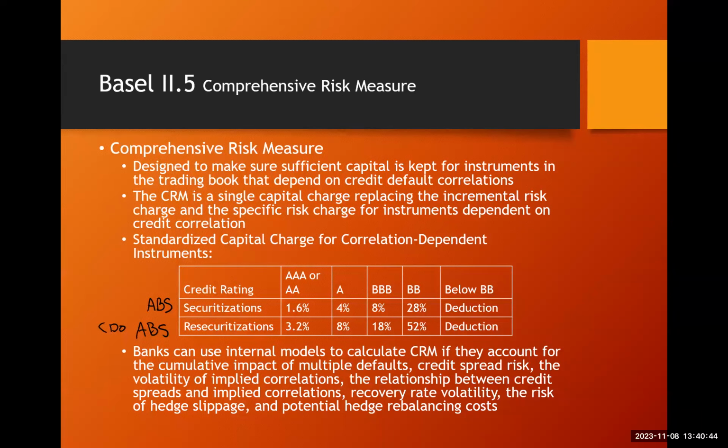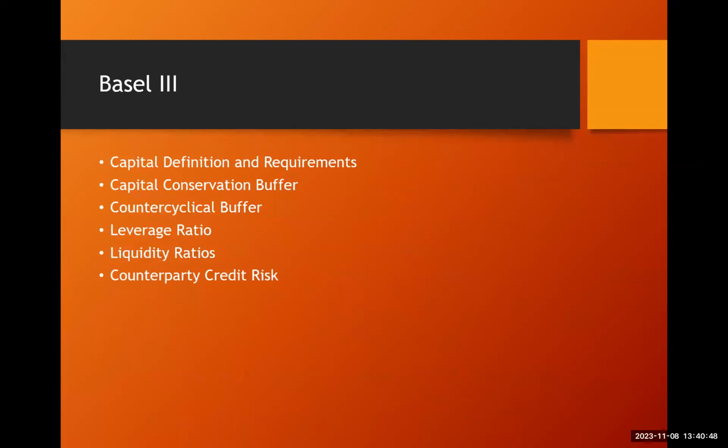And then we finally get to Basel III, which were the big changes that were meant to address a lot of the issues with the credit crisis. So there are 6 components to Basel III, and I do want you to know all these components. The first component was redefining capital and requirements.